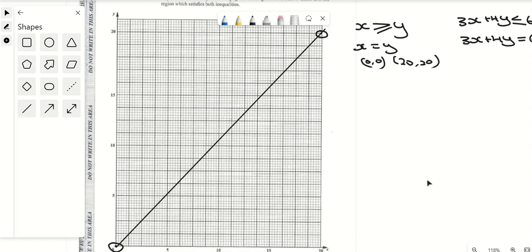And if we look at our inequality, they said x is more than or equal to y. So that would be this region here, this region going up here.